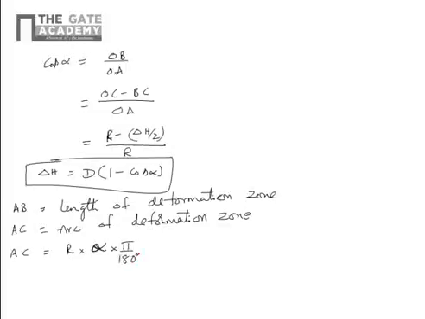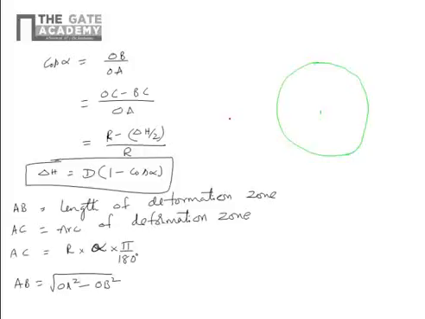Okay. So similarly, from the same diagram, AB you can write as the square root of OA square minus OB square. If you want, I will draw the diagram again to understand it properly. This is a roller and strip.